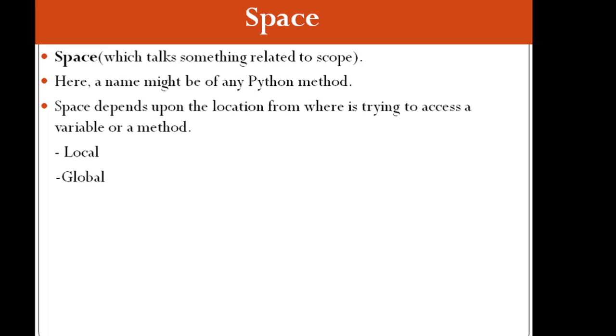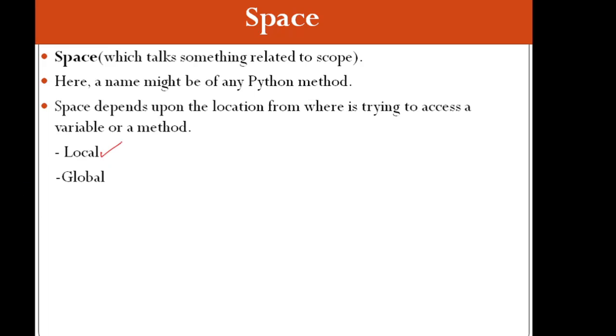Next, we have seen what you mean by name in Python. Now we are looking at the space, which talks about scope, right? We will come to scope in detail. Here a name might be of any Python object. The space depends upon the location from where it is trying to access a variable or a method.